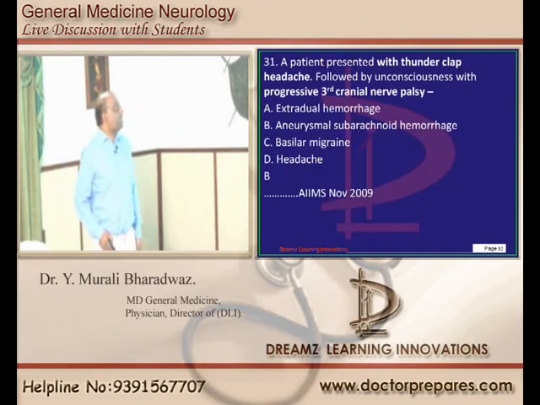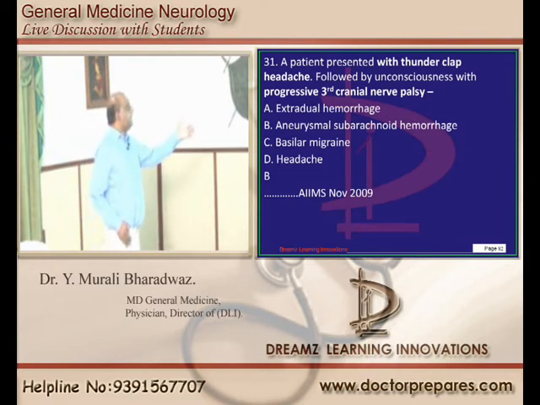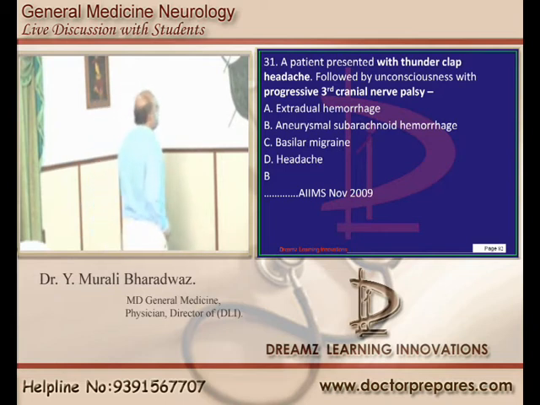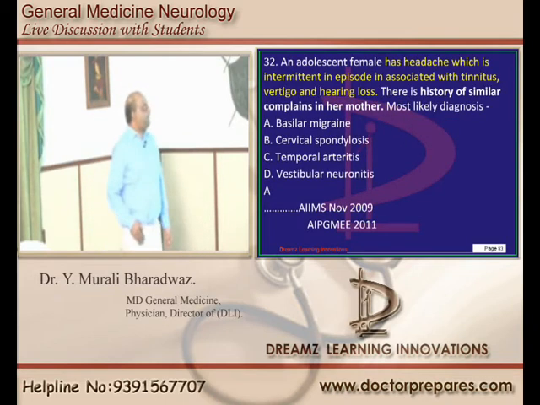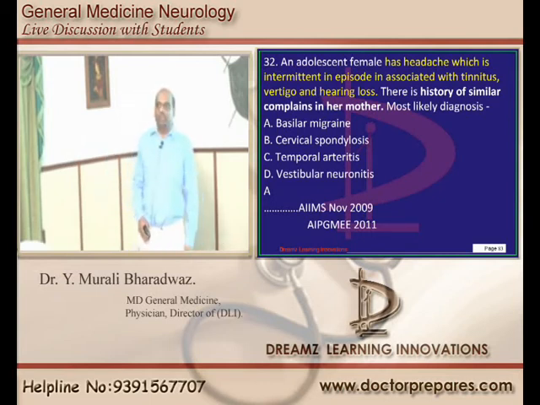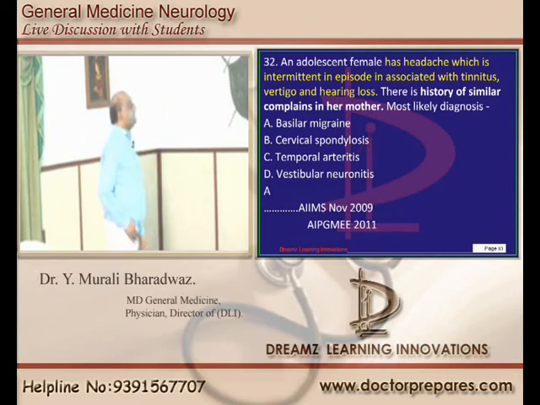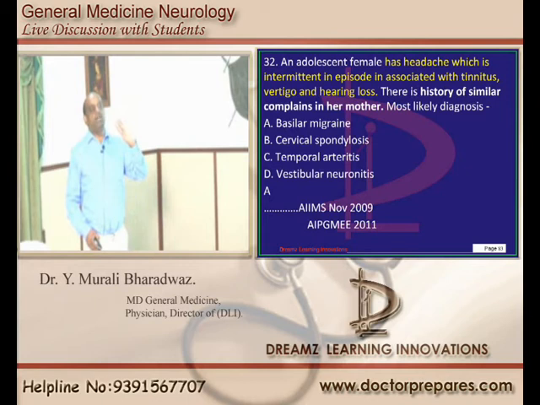Now, once more, thunderclap headache with third cranial nerve palsy. Straight away you will answer it as aneurysmal subarachnoid hemorrhage. Now, an adolescent female has a headache. Along with that, there is tinnitus, vertigo, hearing loss, and there is a history of similar complaints. Her mother is also having that.